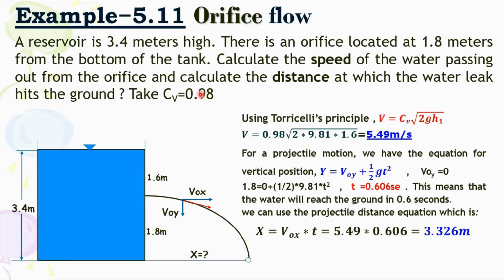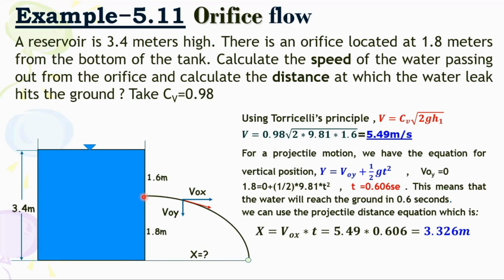For this specific problem, let us take the coefficient of velocity due to the shape of the orifice as 0.98. According to the orifice principle, the velocity passing out through this will be square root of 2g H1, where the head above this point is 3.4 minus 1.8, which is 1.6.